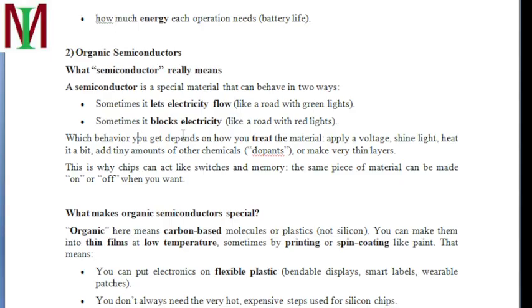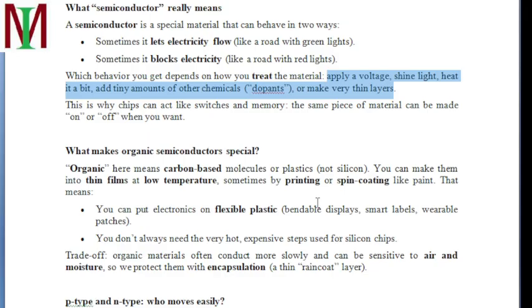Okay, then the behavior, when to flow or when not to flow, depends upon how we treat the material. How we treat the material again has so many parameters to check when we prepare a particular material for that type of application. We have to check how much voltage to apply, shining the light, the heat, or the tiny amount of other chemicals to be added, which is called the dopant, or how to make very thin layers.